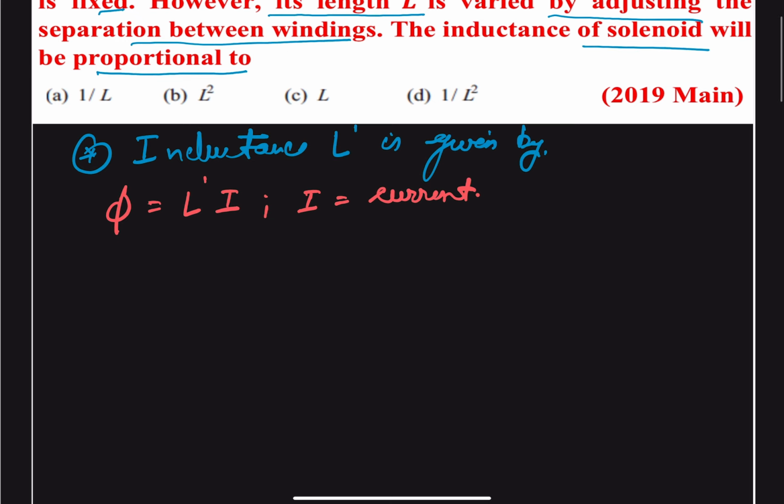And the flux associated with the coil can be also written in another format.